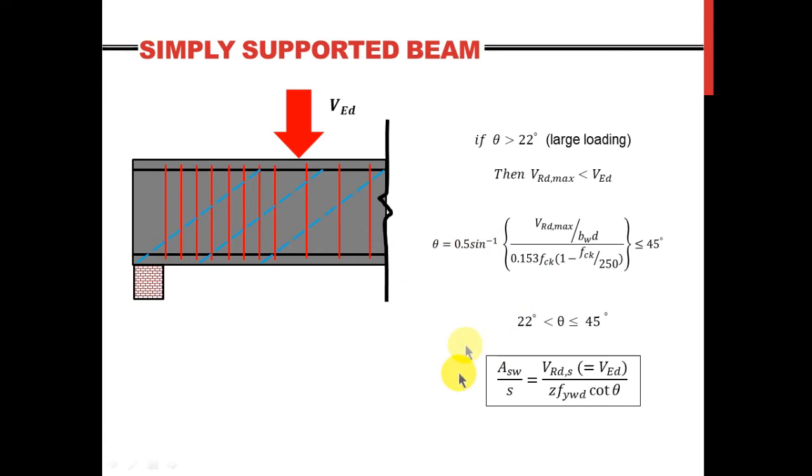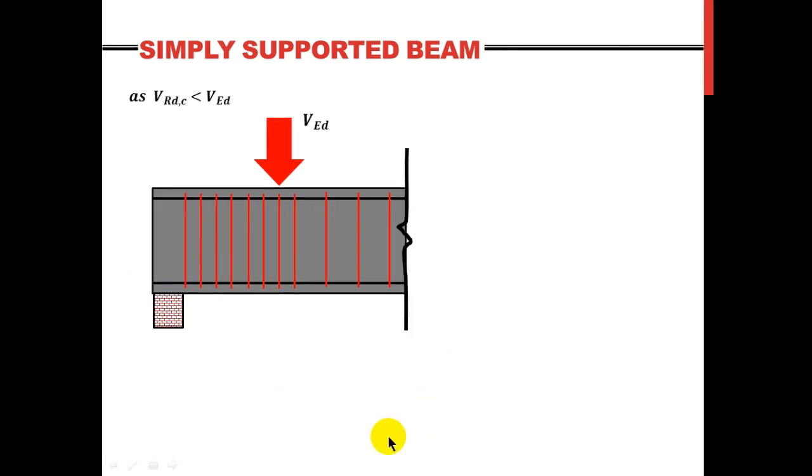Now, how would a theta larger than 22 degrees affect my design? Well, the stirrups in this situation would be used more intensively, meaning that when theta is larger than 22 degrees, the ratio is going to be more, and thus more stirrups will be required. Simple as that. By contrast, if theta is equal to 22 degrees, the ratio would result in a smaller number, making less need of stirrups.